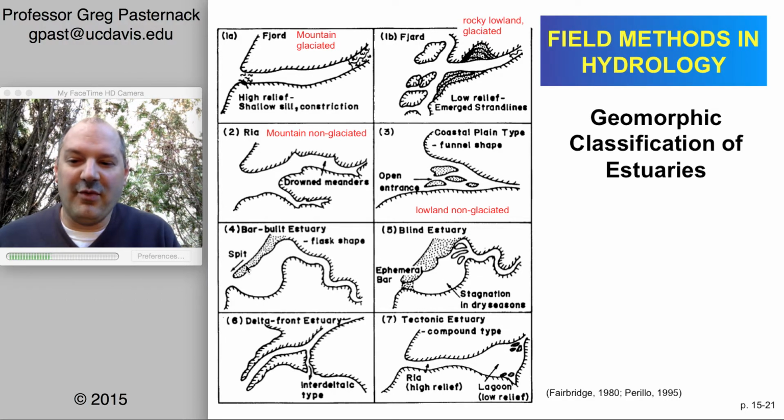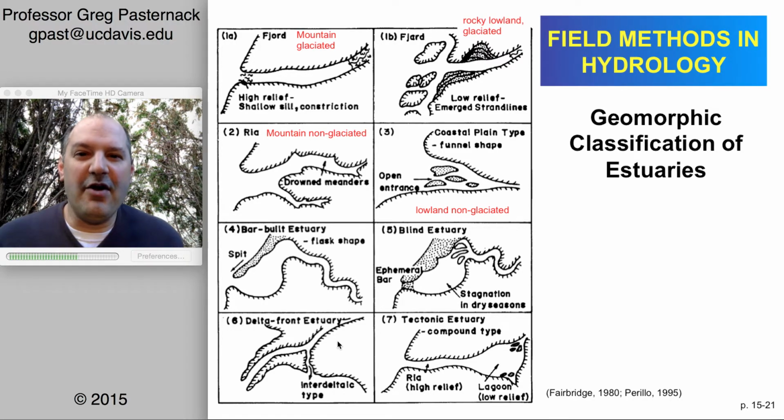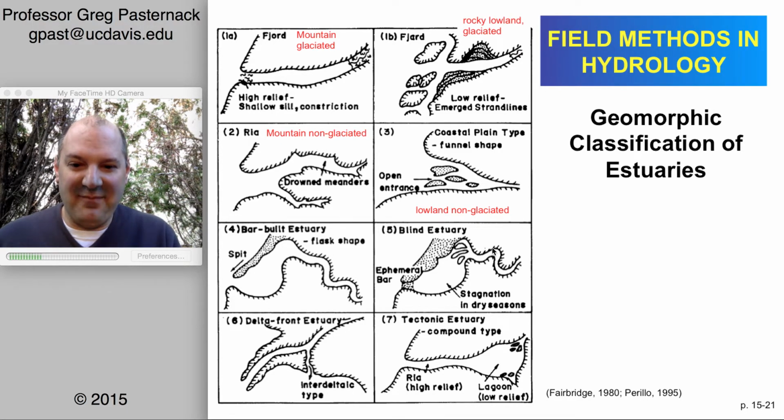Depending on the relative ratio of wave power to river discharge, you can either have that perennially open as a bar-built estuary, or it could even get fully closed or seasonally closed as a blind estuary. If you have a very large delta, so very high sediment load pushing out from a river into the ocean, then you're not going to have an inland estuary as shown in the top 6 examples.